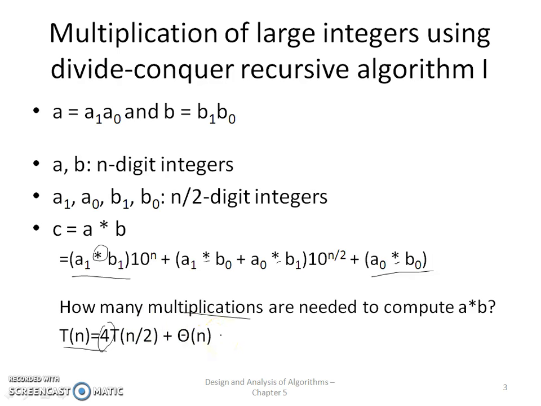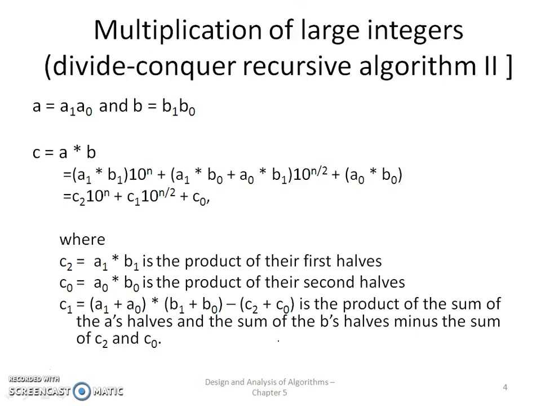If you remember Master's theorem, one should be in a position to quickly say that the complexity here would be O of n square. So the complexity is still O of n square, which is similar to the complexity when we used the brute force method, where again the complexity was O of n square.